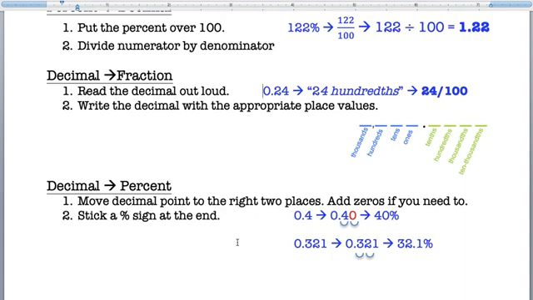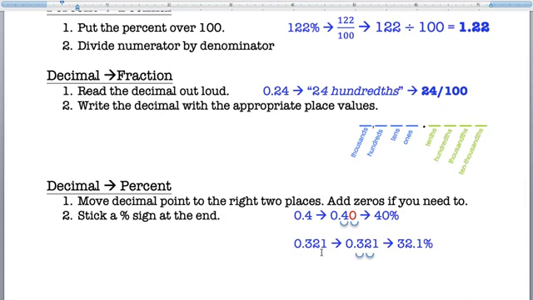And then from decimal to percent, that's where we just move it over 2 spots. So in this example here, it's 0.4 or 4 tenths. If we move it over 1 spot, and then another spot, we notice there's no number there. So you just have to remember to add zeros if there's no number actually there. And then you just stick a percent sign at the end.